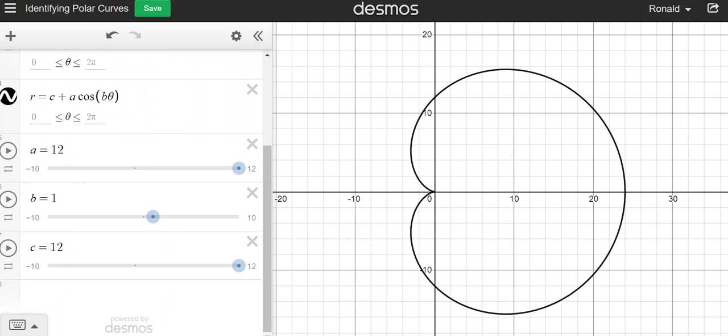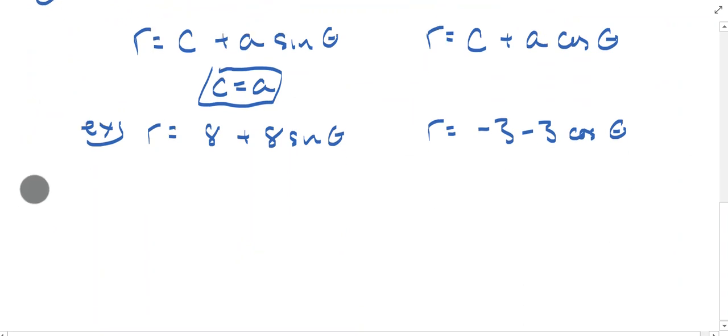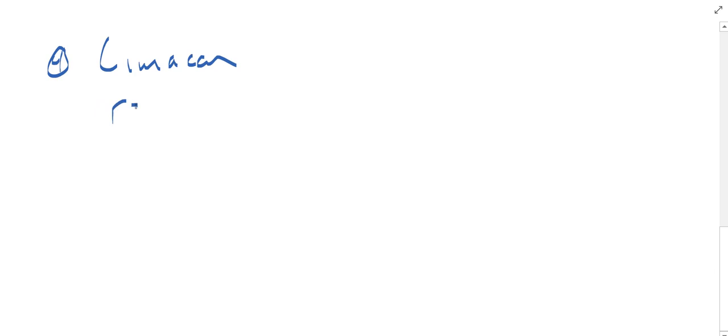Okay, the next function that we're going to look at is similar to a cardioid. These are called limaçons. So I think this is number 4. A limaçon has the same form: r equals C plus A sine of theta, r equals C plus A cosine of theta.